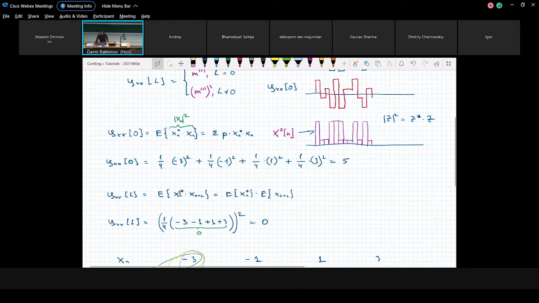You calculate this second moment, but you have independent symbols, and then what is it here? The first moment. This is also the first moment, but we say that we have a stationary random process whose parameters don't change, and then regardless of shift, you have the same statistical quantity, and this is exactly the first moment.